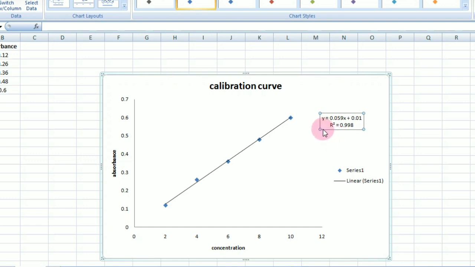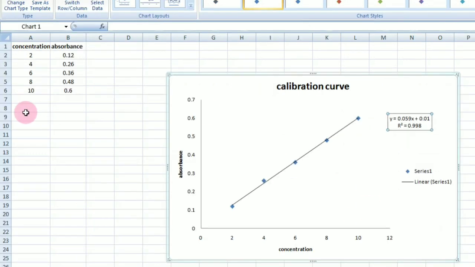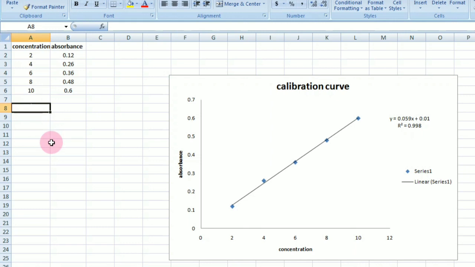Now, using this y equal to mx plus c equation, the regression equation that I have got from the curve, I am going to calculate the concentration of an unknown solution. What I need is the absorbance reading of the unknown solution.